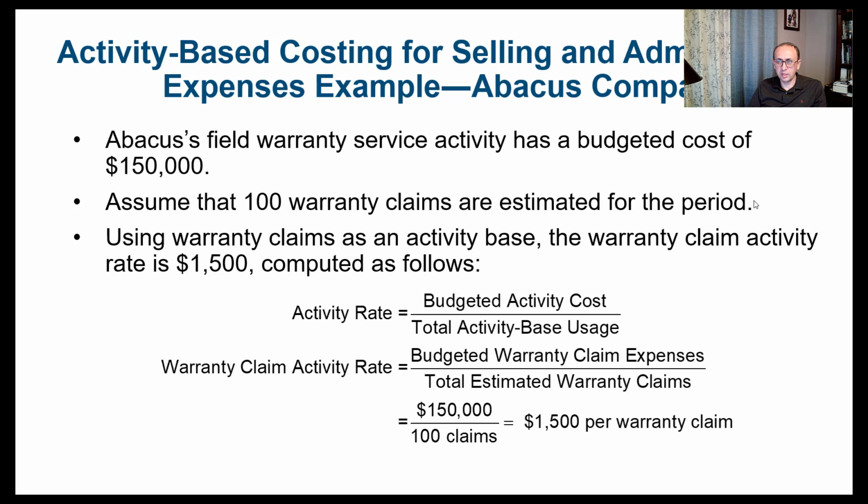Then, using warranty claims as an activity base, the warranty claim activity rate is $1,500, computed simply by dividing the budgeted activity cost by the total activity base usage. The budgeted warranty claim expenses in our case was the $150,000, which represents our budgeted activity cost, and the total estimated warranty claims were 100 claims. That represents the activity base usage. So that gave us $1,500 per warranty claim.